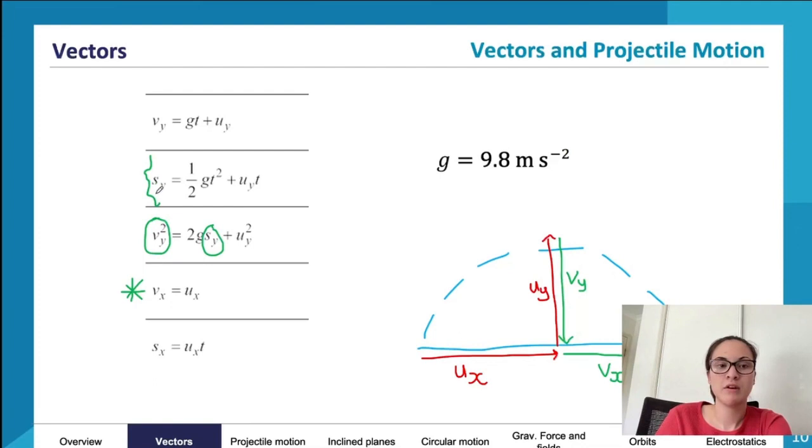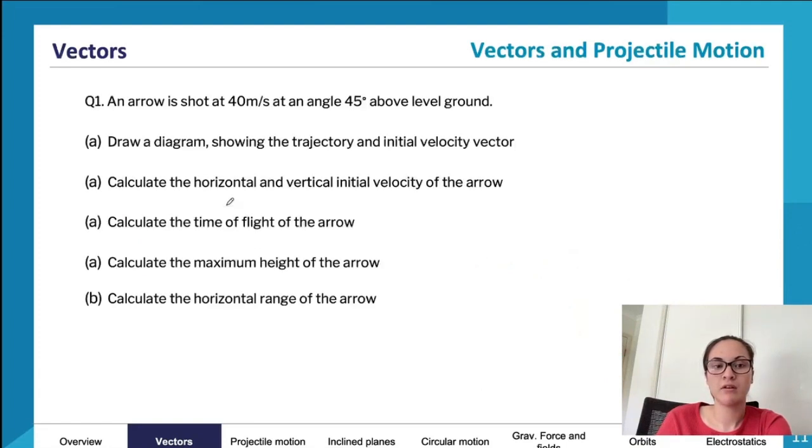That was a bad scribble. You know what I mean? Plug it in there, provided you know what time is and what Uy is, but you have to know what Uy is anyway for this part. So you can really manipulate these formulas to work in favor of what you do or don't have.